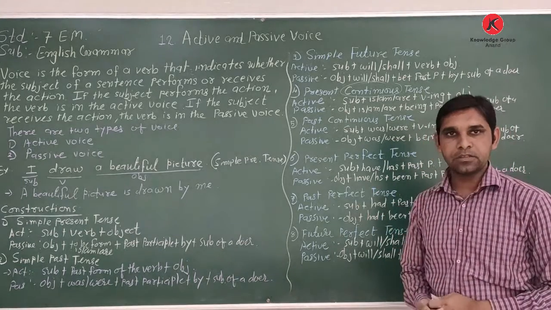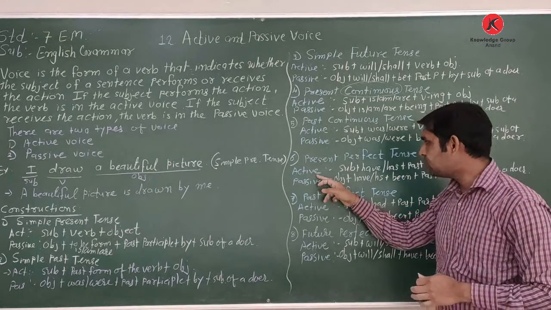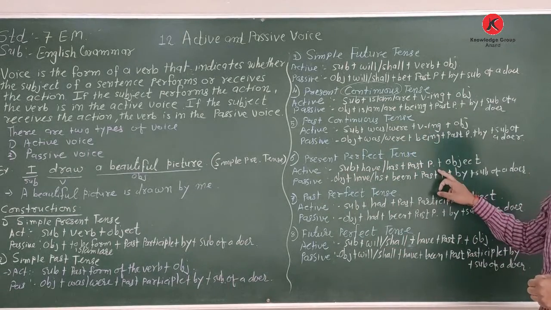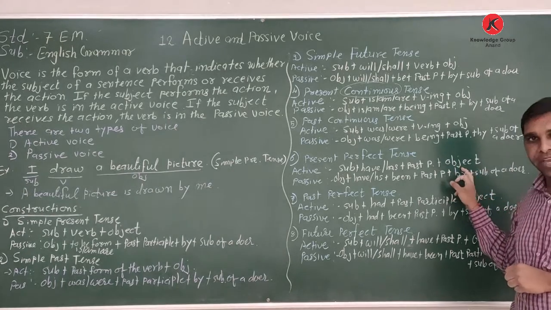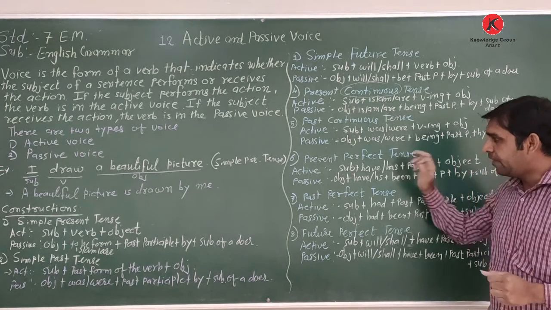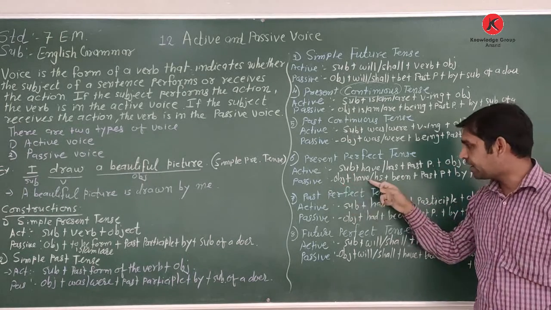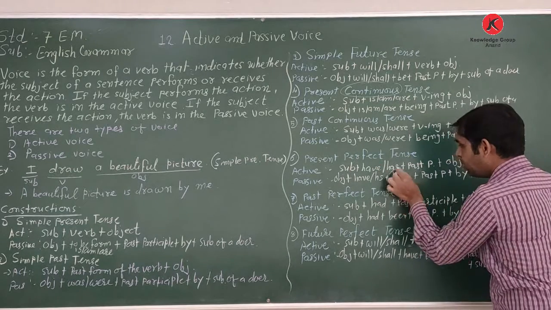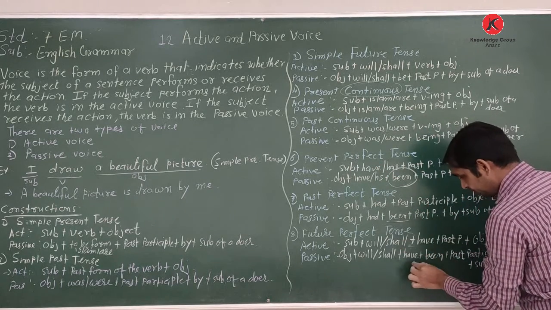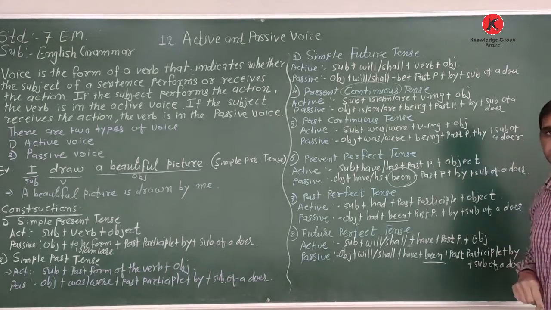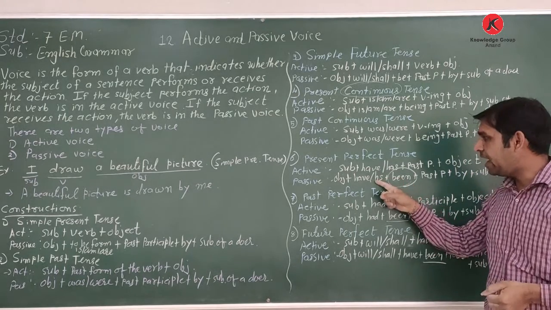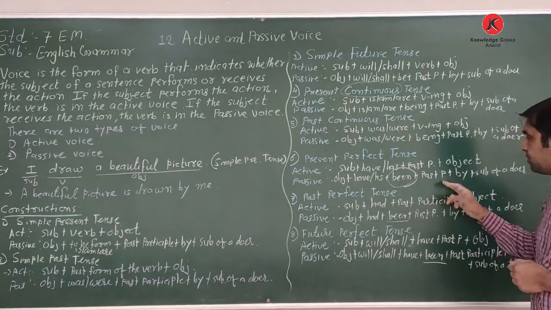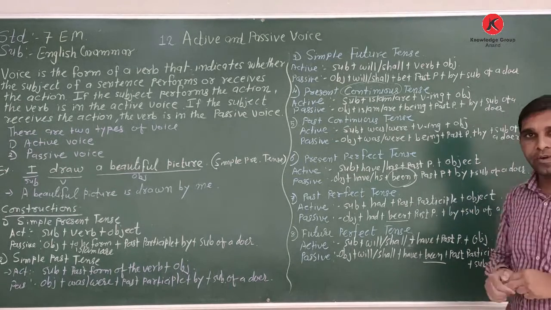The active construction of the present perfect tense is subject plus have/has plus past participle, then the object. The passive construction is object, then have/has, then in the perfect tense we write been. Been is necessary in the passive construction in perfect tense. Been, then past participle, then by, then the subject of the doer.